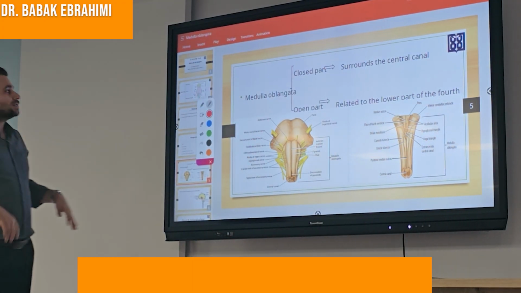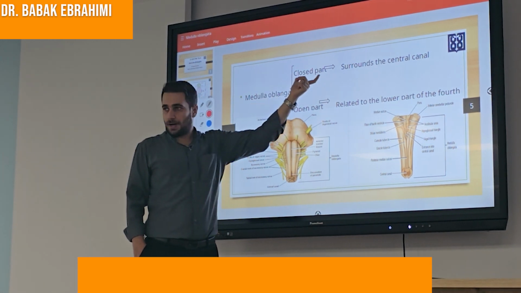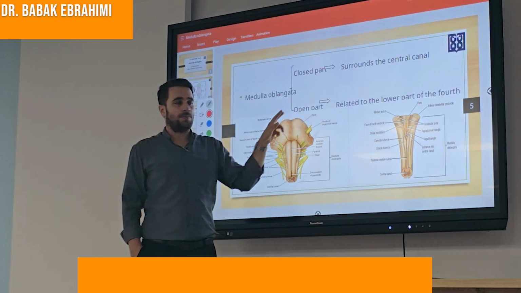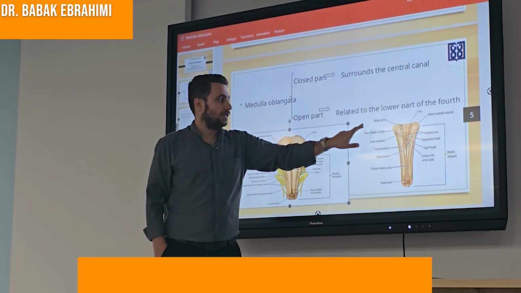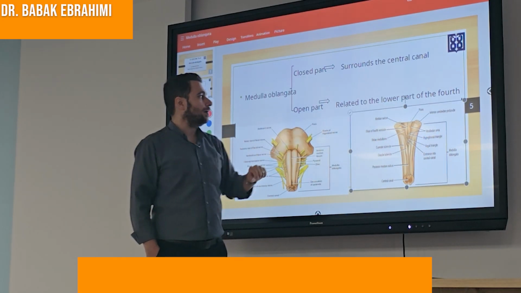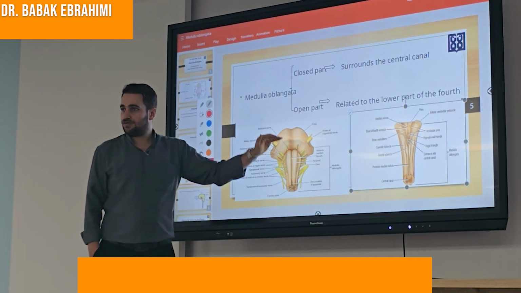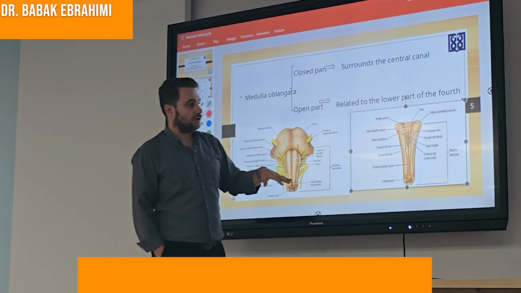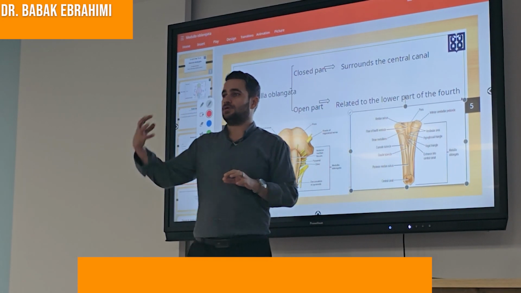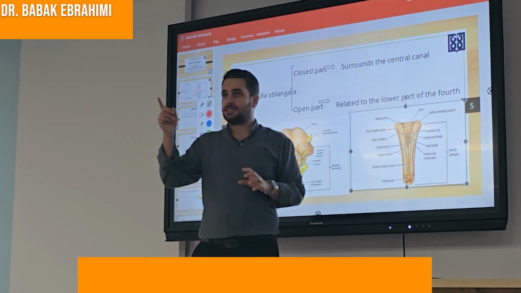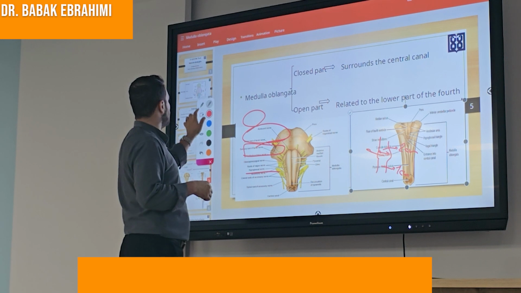cerebrospinal fluid. So if you look at the medulla oblongata, it has a closed part and an open part. We have a closed part in the anterior view, and also we have a closed part and open part in the posterior view. So you understand that.